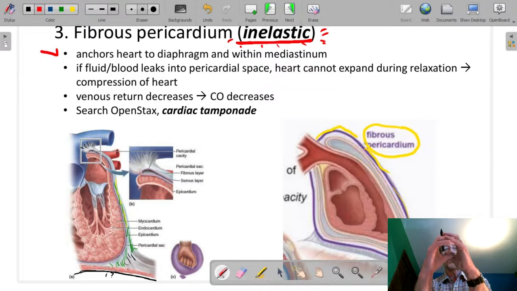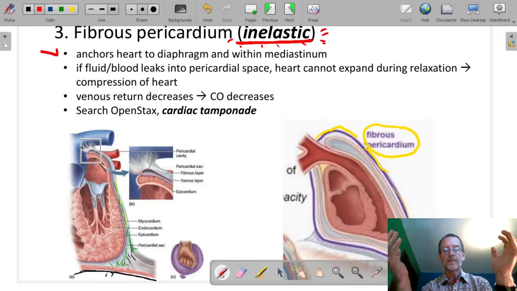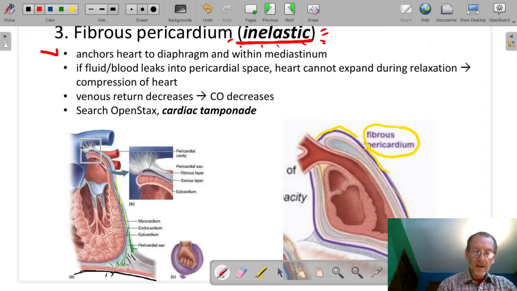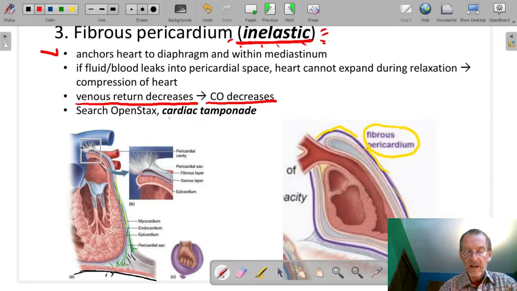And then it can't fill with blood, and if it can't fill with blood, it can't pump blood, and that's a problem. So the venous return would go down, and cardiac output would go down. And that creates this condition called cardiac tamponade.